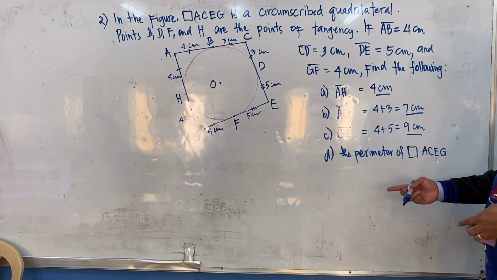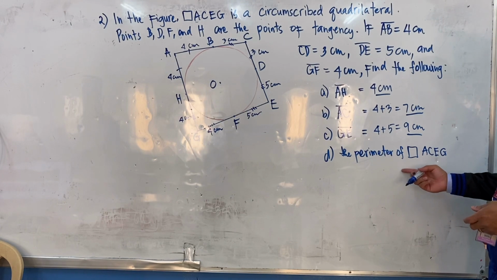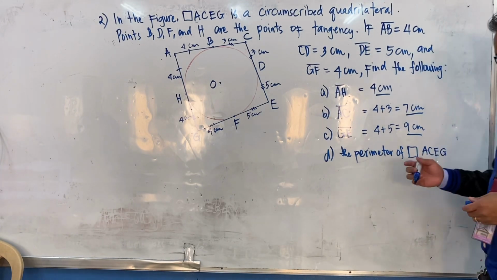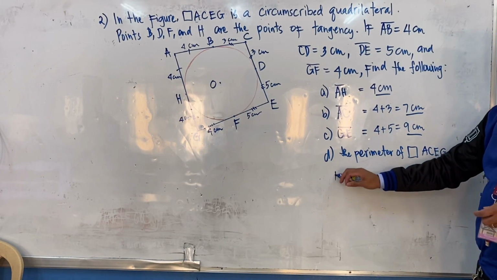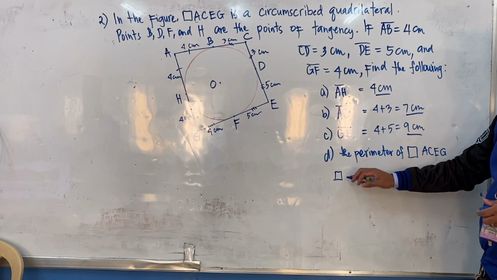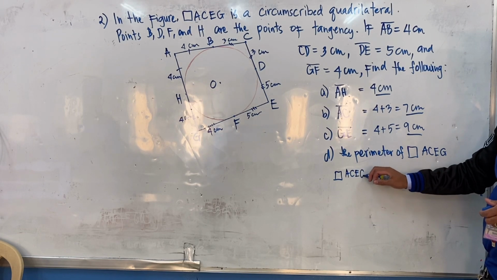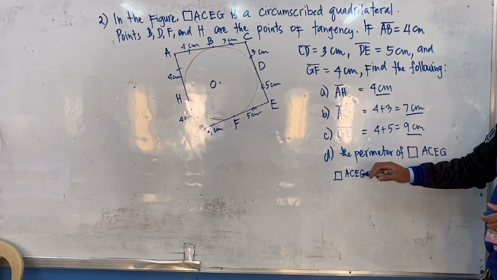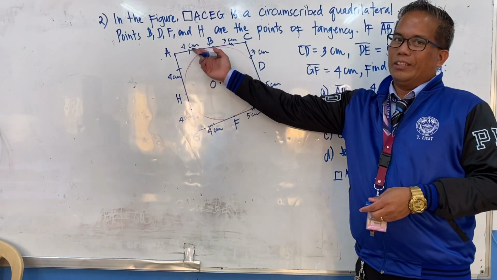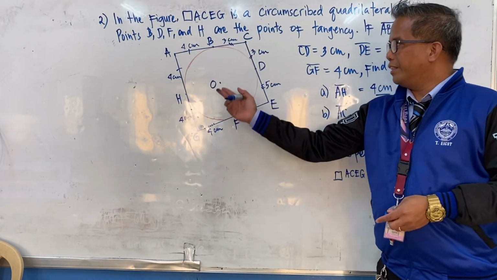And then for letter D, find the perimeter of quadrilateral ACEG. So the formula or the solution will be, just add all the sides.